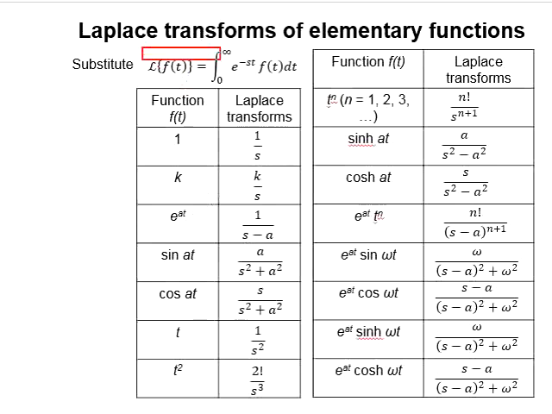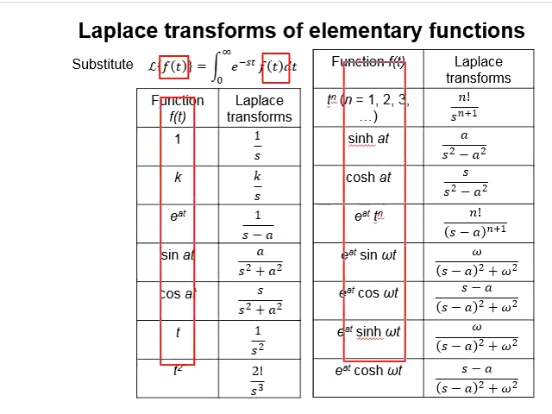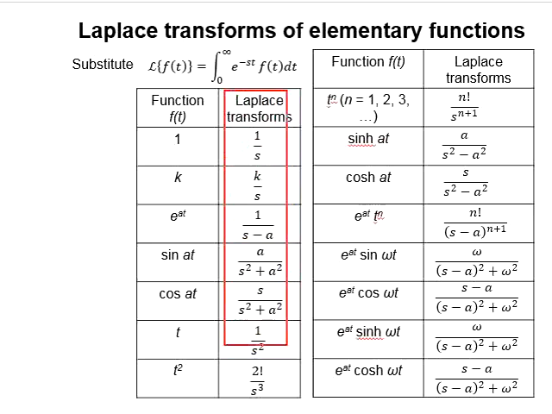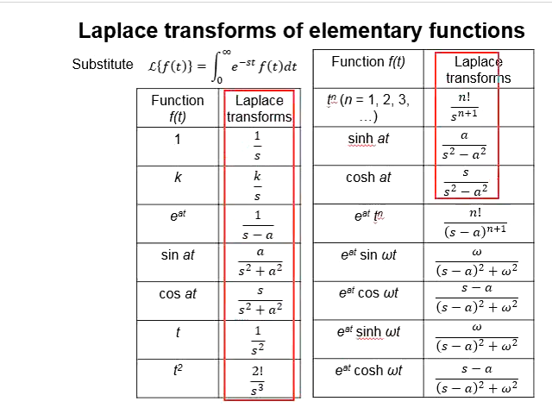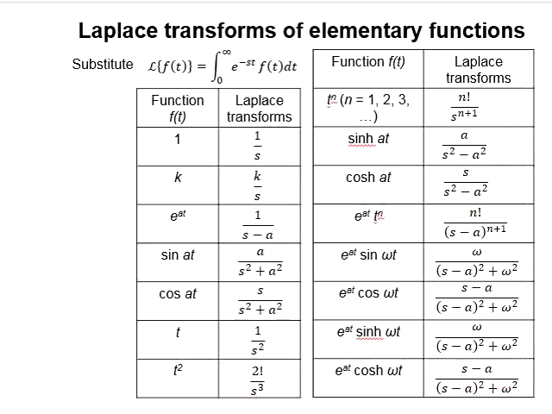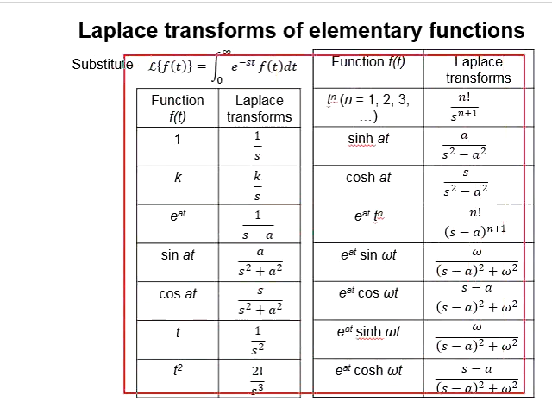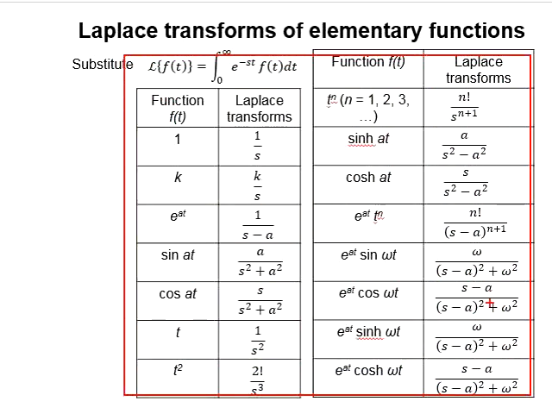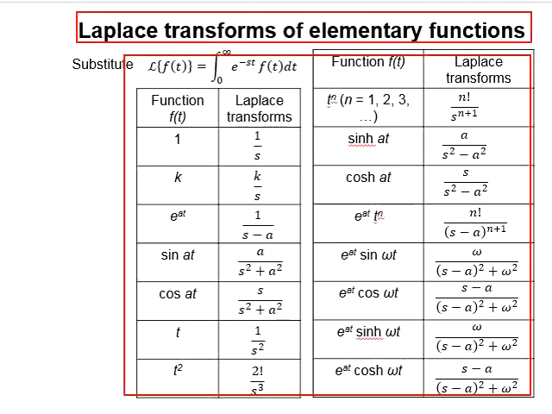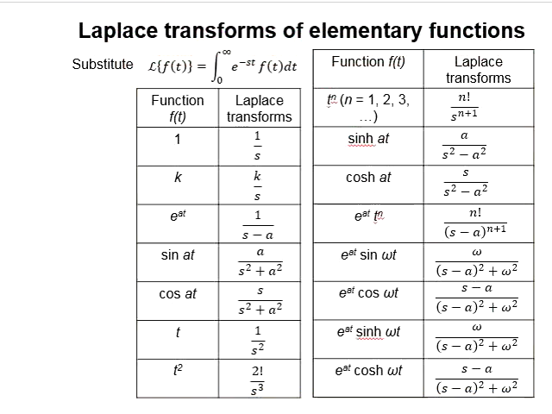Solving the common functions in the Laplace transform by substituting f(t) here, you will obtain a list of the outputs of the Laplace transform. These two tables will serve as the formulas for the Laplace transform of elementary functions.